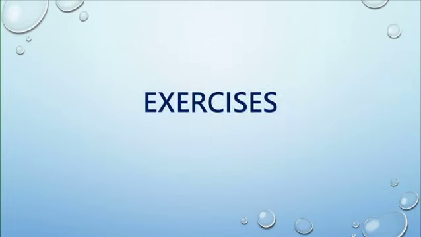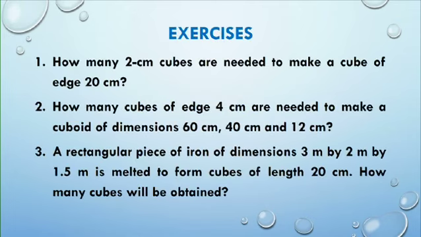You now have some exercises for you to practice on how to fit cubes into cubes or cuboids. The first question, how many 2 centimeter cubes are needed to make a cube of edge 20 centimeters? The second question, how many cubes of edge 4 centimeters are needed to make a cuboid of dimensions 60 centimeters, 40 centimeters, and 12 centimeters?